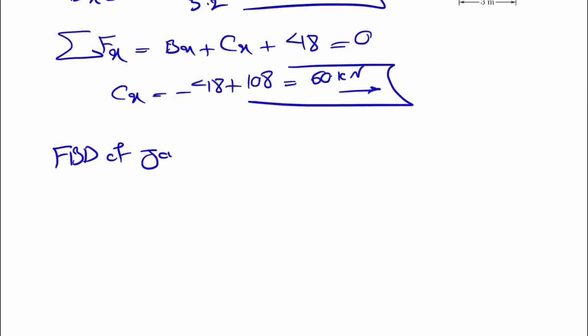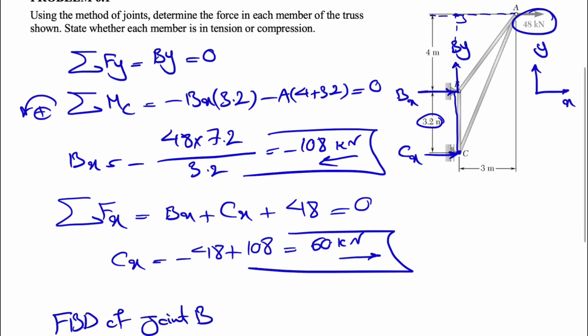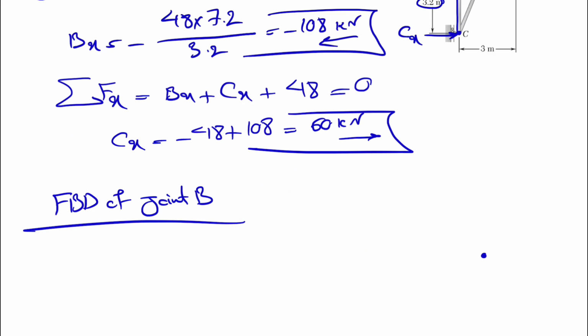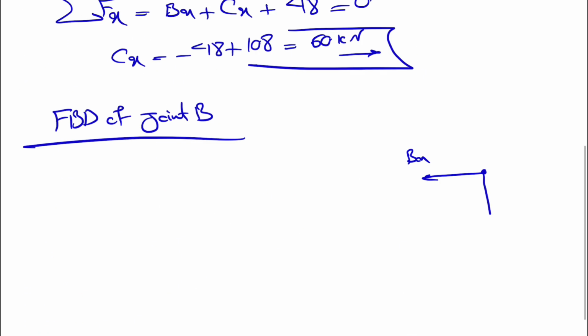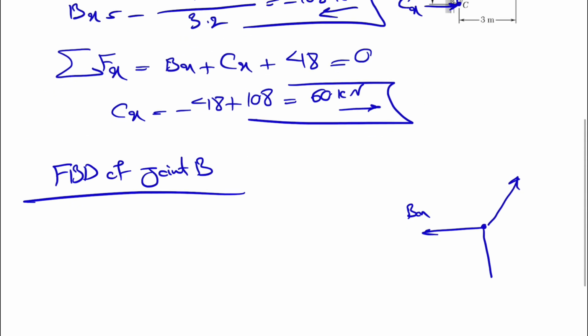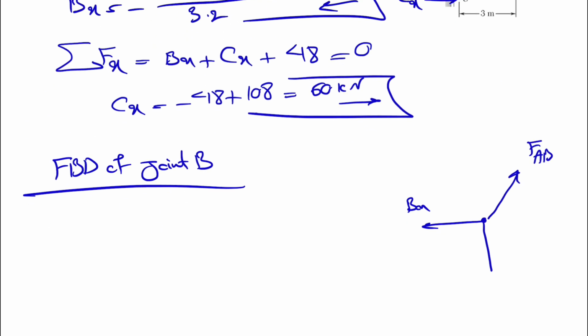So now that we have this, we can move on to the free body diagram of each joint. We can start with joint B, and let's see what we have for joint B. If we look at the joint B, we have Bx, which we showed is actually to the left. So this will be the correct direction for Bx. We have two more forces that are these two. We can assume one direction for each of these, but if we look at this, we'll see that the only member that has an X component is the member FAB, and we have the equilibrium equation.